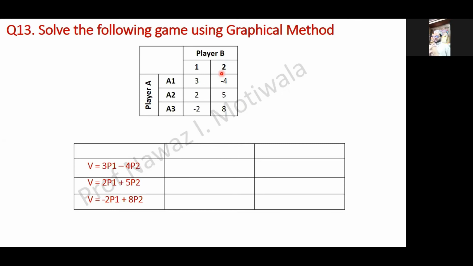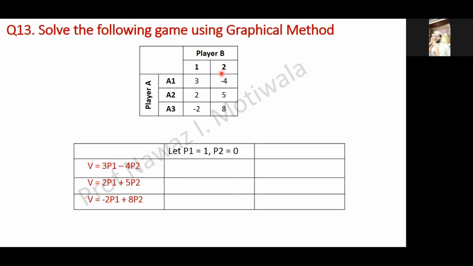Now what to do? As we need to find the solution by the graphical method, and for the graphical method we need at least 2 points to draw a line. So what are those 2 points? We have to now arbitrarily take any values of P. I am assuming P1 is equal to 1 and P2 equal to 0.